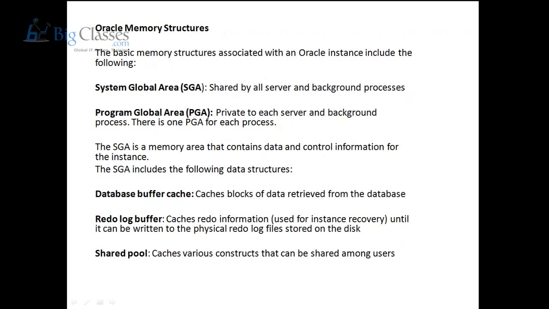So as you fire the query to change the salary for Ram from 1000 to 1500, that change will first be noted down in your redo log buffer. Once the change happens, it will be copied from your redo log buffer into the redo log file, because in your buffer it is temporary. Once you shut down your database or your system goes down, the data is lost. So that is why it is copied into a physical redo log file where it is permanently saved.